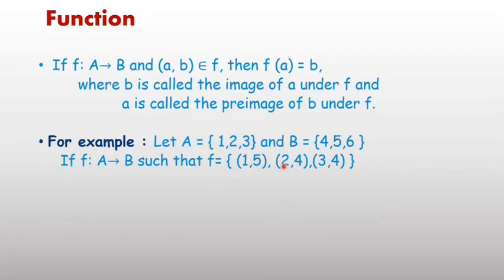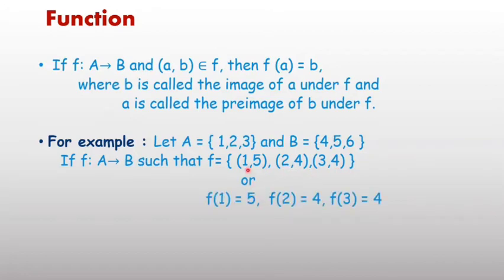Now, if it is a function, then for whatever ordered pairs are given here, 1 is known as the pre-image of 5 and 5 is known as the image of 1. Similarly, in the second ordered pair, 4 is the image of 2 and 2 is the pre-image of 4. Similarly, 4 is the image of 3 and 3 is the pre-image of 4.